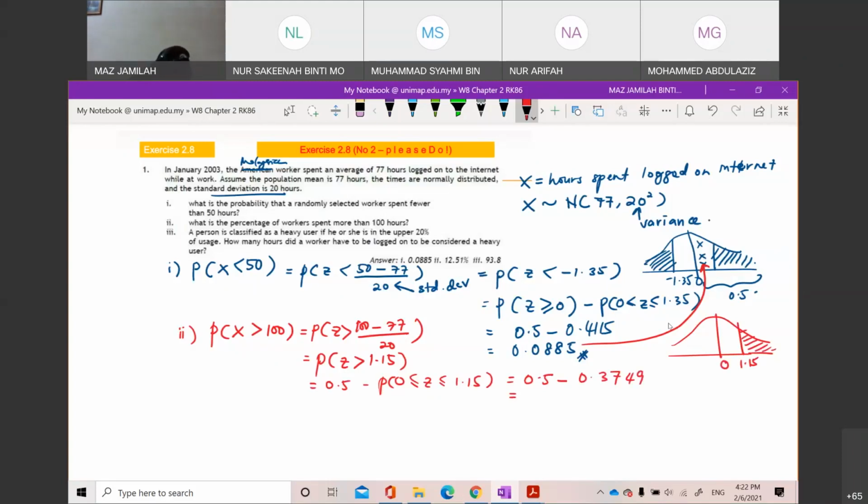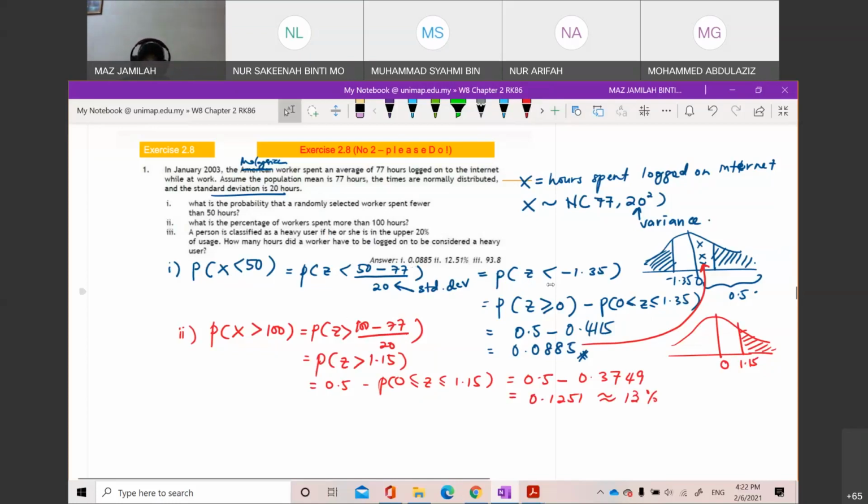You will get 0.1251, or 12.51%. So what is the percentage? 13% by approximation. A person is classified as a heavy user if he or she is in the upper 20%.